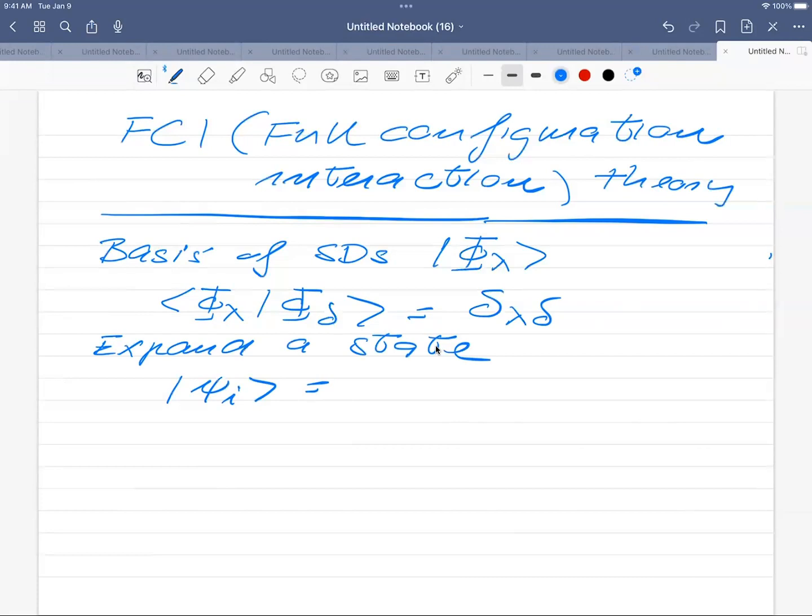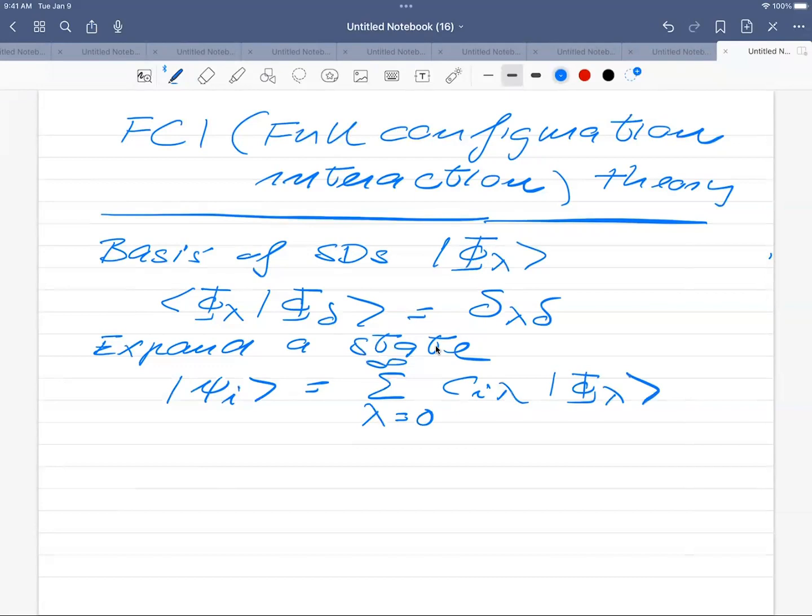And that eigenstate is now going to be a linear combination of these basis states which we've chosen. And in principle, this runs from 0 to infinity. And then we have this basis of Slater determinants. We would have the same for the single particle basis.